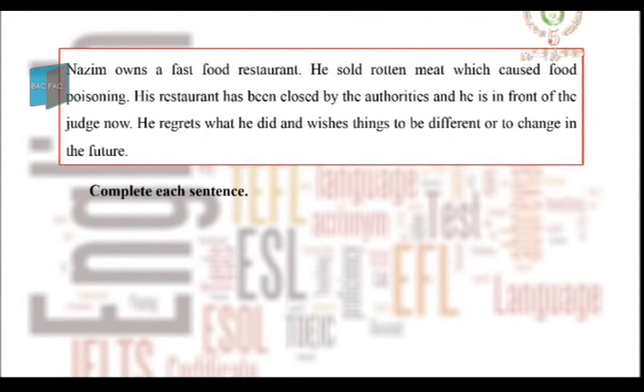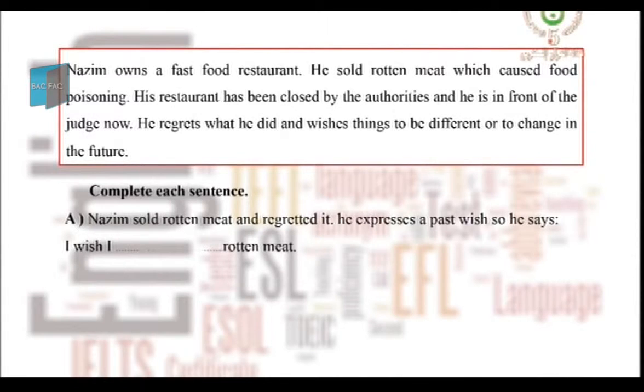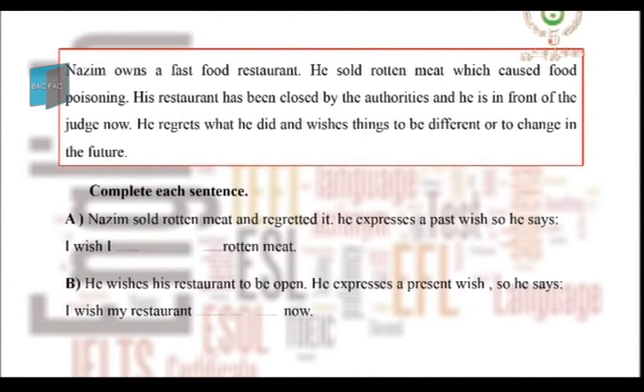Let's start with the first one. Nazim sold rotten meat and regretted it. Here, he expresses a past wish, so he says, I wish I rotten meat. Second sentence, he wishes his restaurant to be open. He expresses a present wish, so he says, I wish my restaurant.